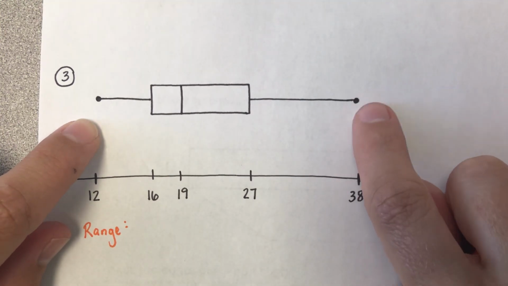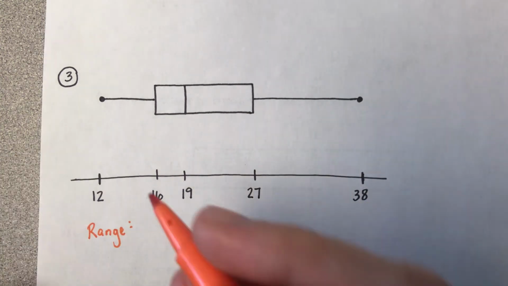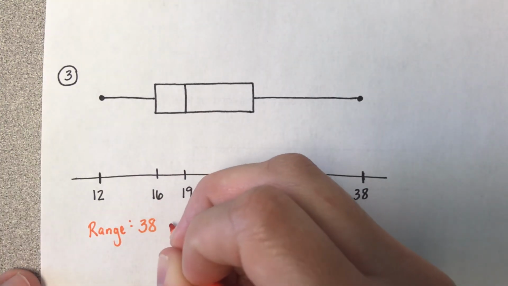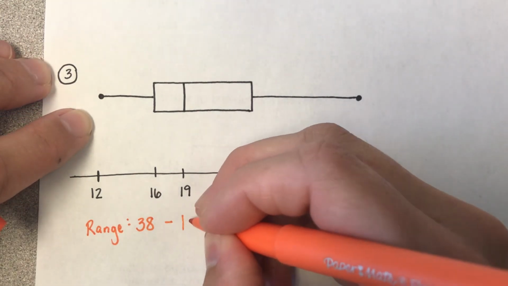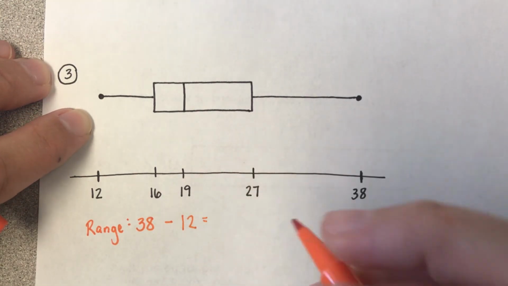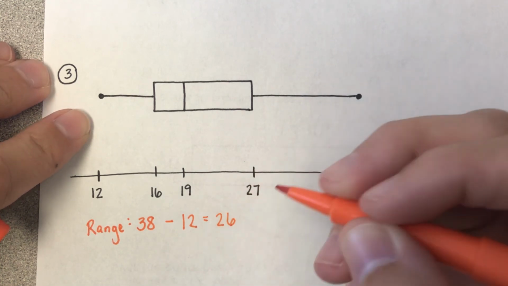Okay, so this point right here is going to be your biggest number, and you can tell that that point represents 38. And then my other point represents my smallest number, which would be 12. So remember, range means to subtract, so that would be 26.